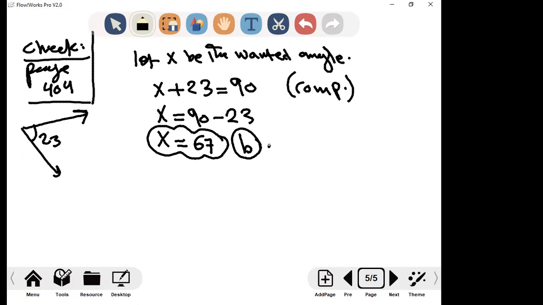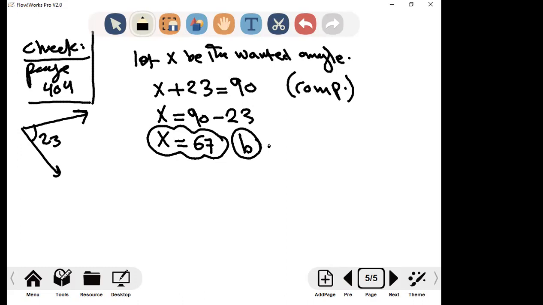Is the answer 23? The question says select the angle that is complementary to this. Which angle is complementary to this?